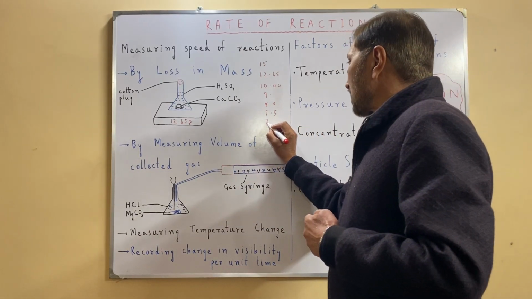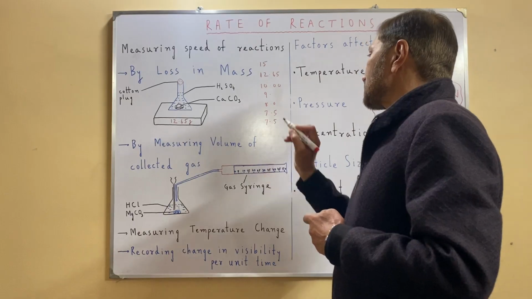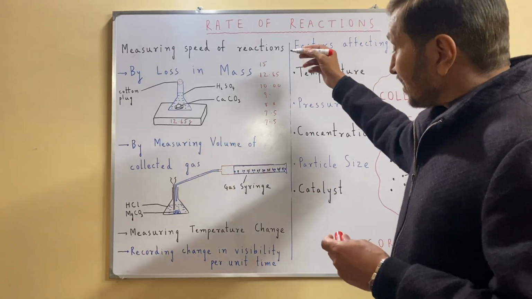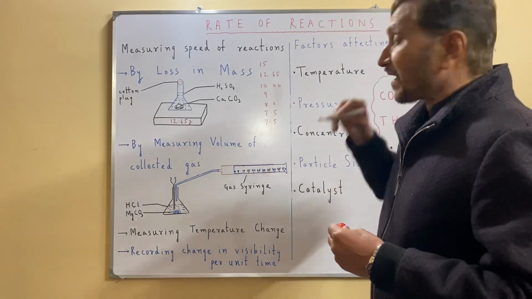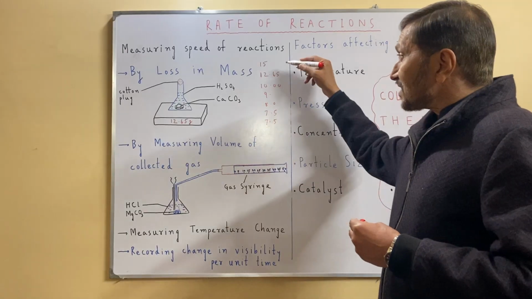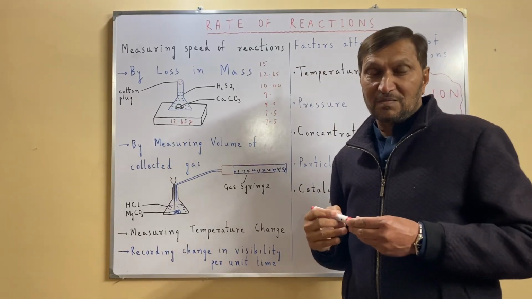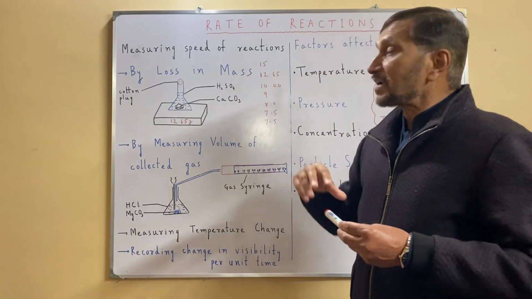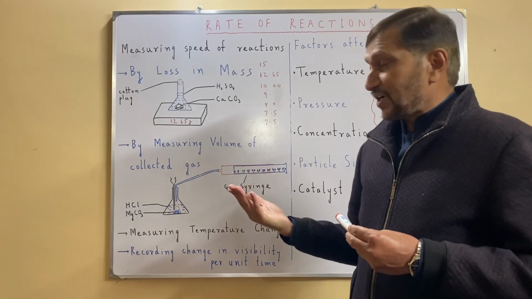Now no further loss in mass is taking place. So in this way, after every 15 seconds, or after every 30 seconds, we will record the loss in mass. This is one method of measuring the speed of reaction.